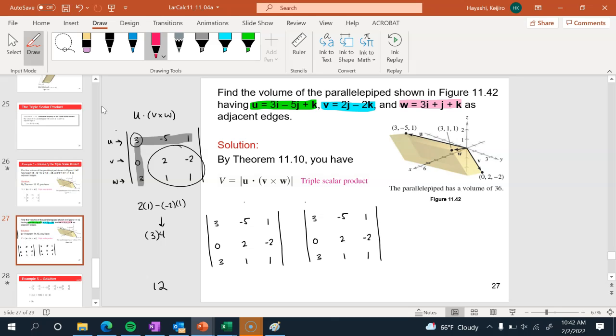I want to say that just like before, there is that extra minus sign in front of the middle term. But we're going to do the same with the top row, middle column.